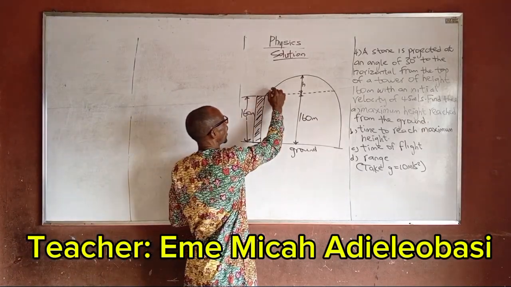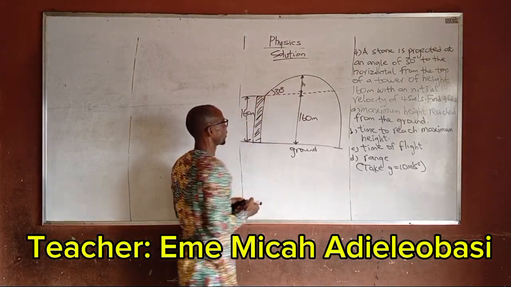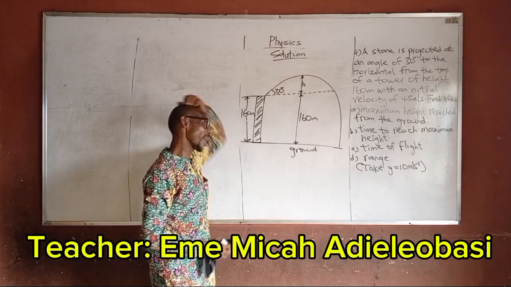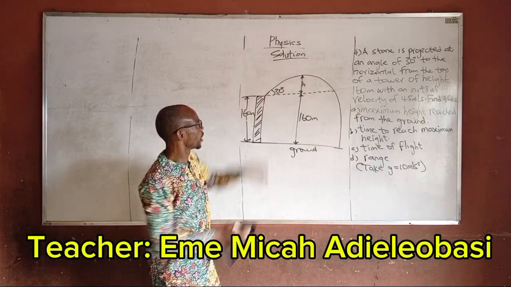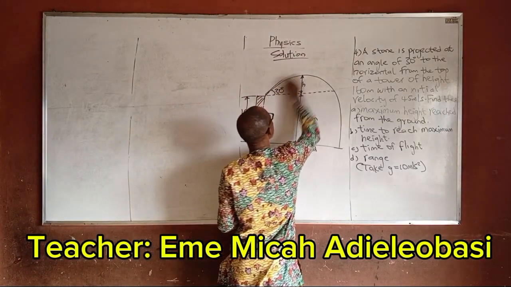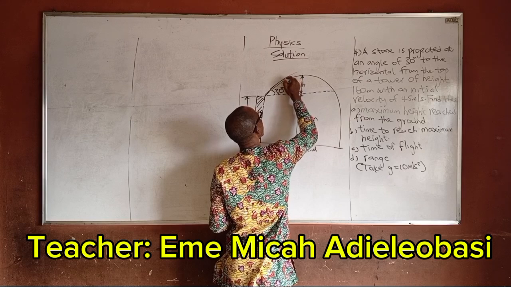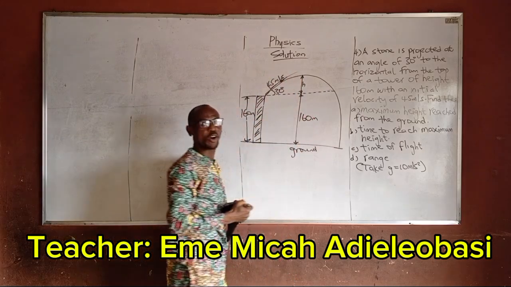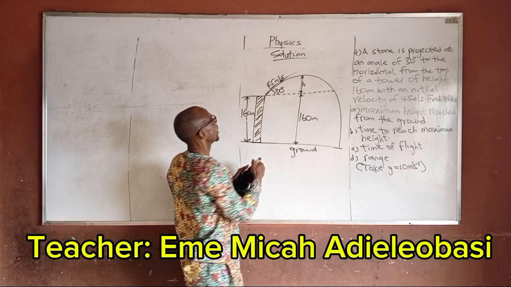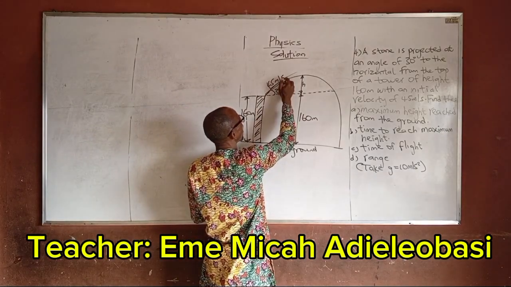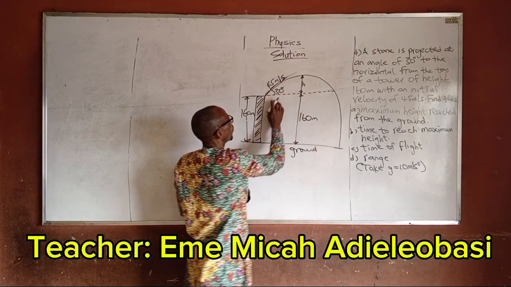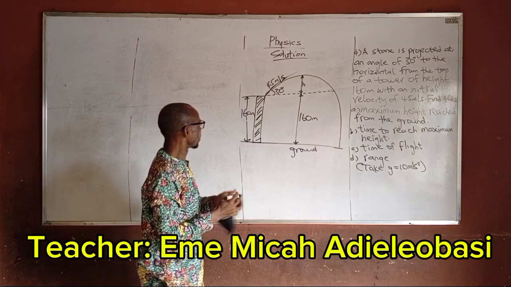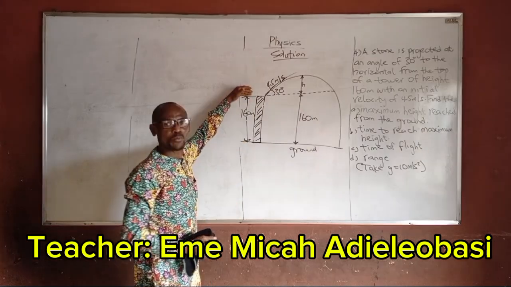The angle here is 30 degrees, and the velocity used in projecting it is 45 meters per second. So we have the initial velocity of 45 meters per second, the angle, and this is the height of the tower.